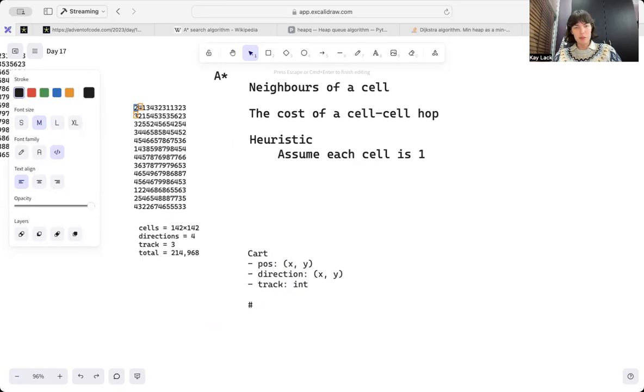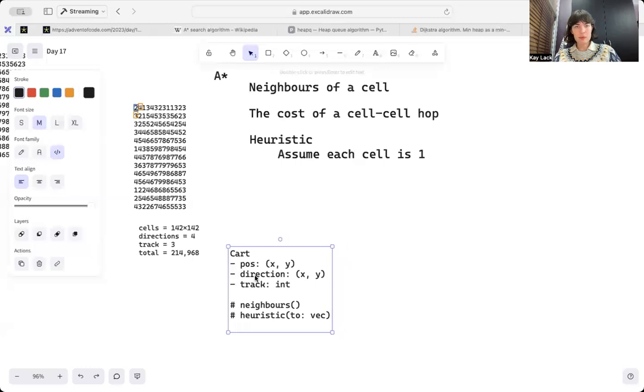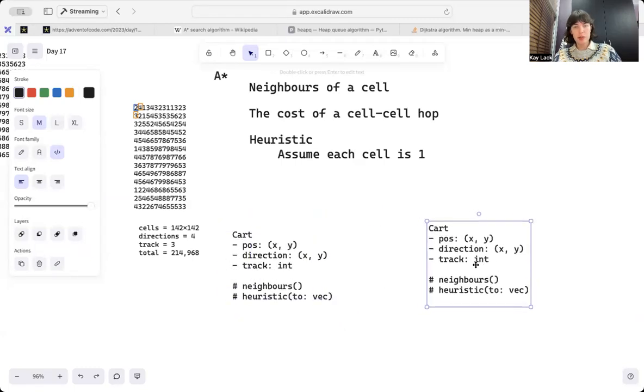So let's go with neighbors. Let's go with getting the heuristic, and then we've got our grid.